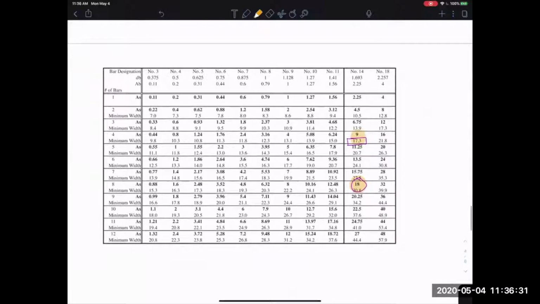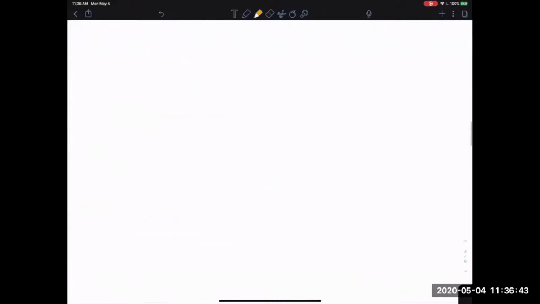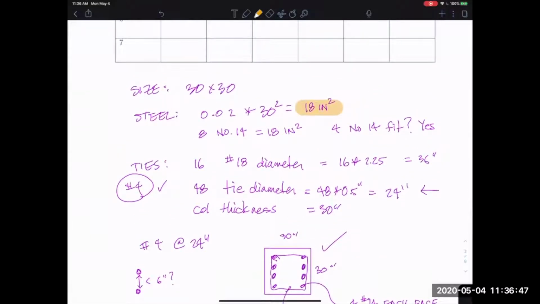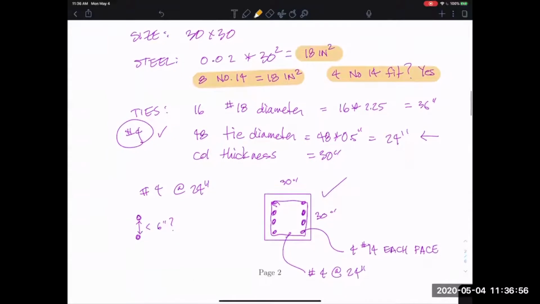Half of them, that's 4 number 14s, needs 17.3 inches width, so it'll fit. Thankfully, it's a number 14, which is bigger than a number 11, so we still need number 4 ties. I got that right.